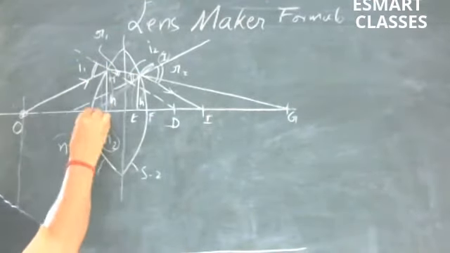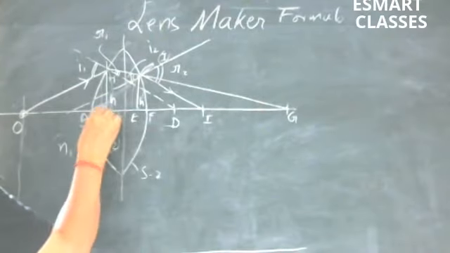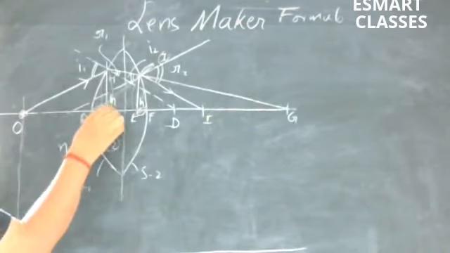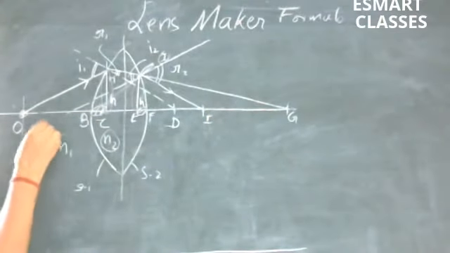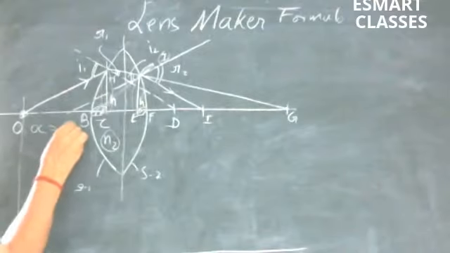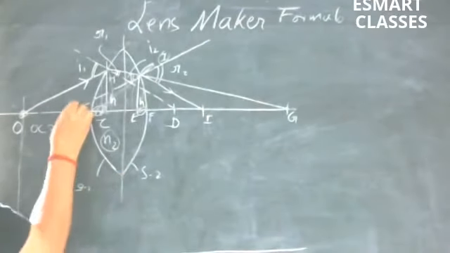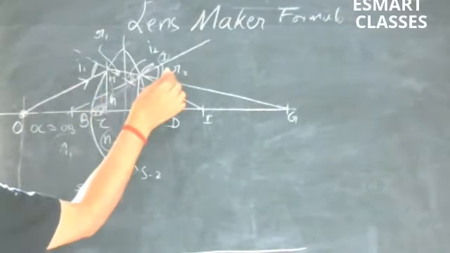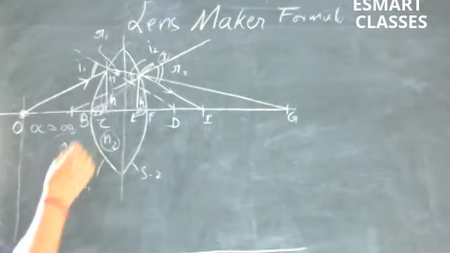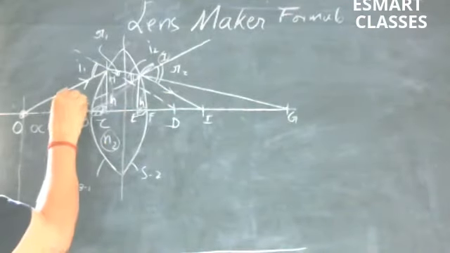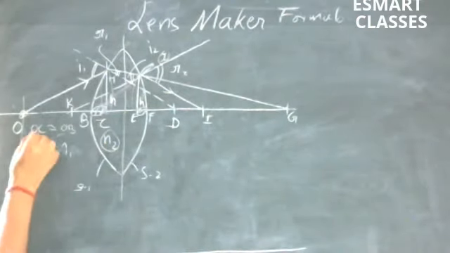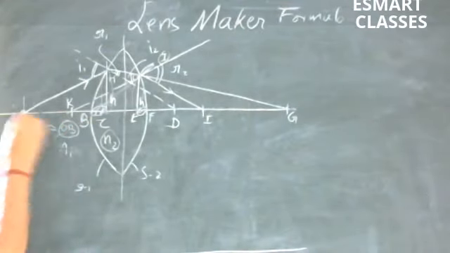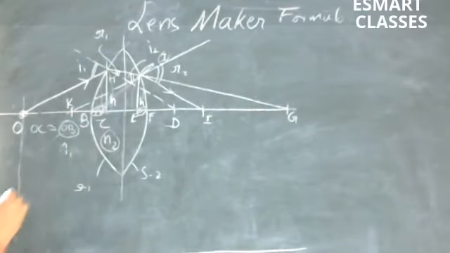Another assumption is that these distances are insignificant. These distances do not matter, so whenever we have to write OC, we will write it as OB. This point also needs to be mentioned. I have taken points up to HI. Let this be K. This is point K, and whenever I write OC, I will use OB instead of OC because this length we are ignoring.